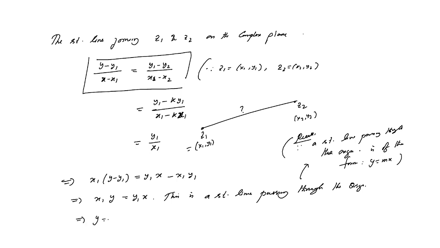Basically here we write y equals (y1 by x1) x, so it is just y equals mx. That's why this is a straight line passing through the origin.